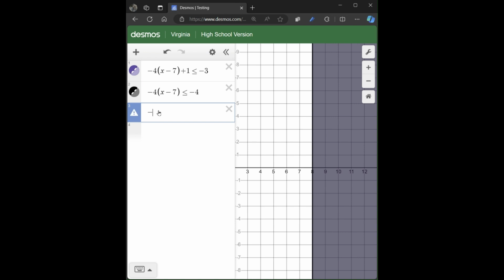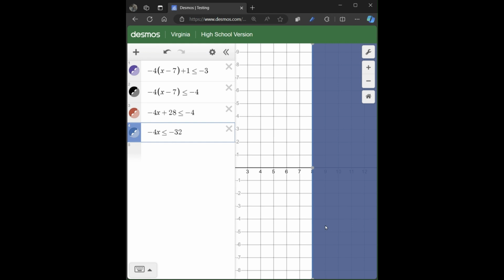So type in negative 4x plus 28 less than or equal to negative 4. And he still is okay. He did just fine. So let's keep going, step 3 to step 4: negative 4x less than or equal to negative 32. And he's doing fine.